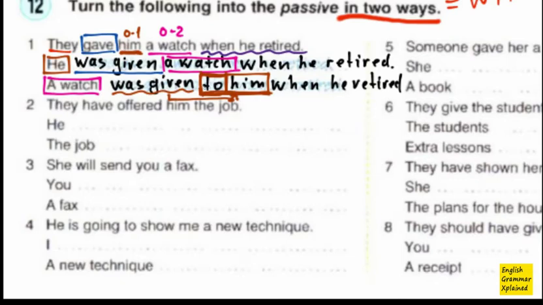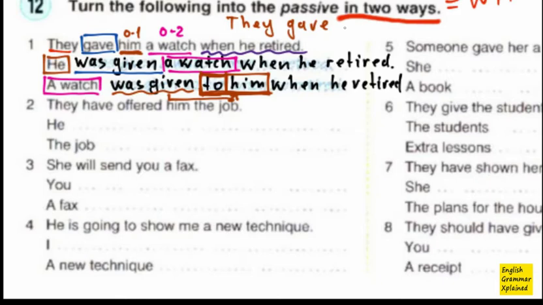How do I know that my object is direct or indirect? Well, it's easy to check, because if you throw away or omit your object from your sentence and it doesn't change the meaning, it's indirect. I can omit him, they gave a watch. I can omit everything connected with him from this sentence, and that will look like they gave a watch.